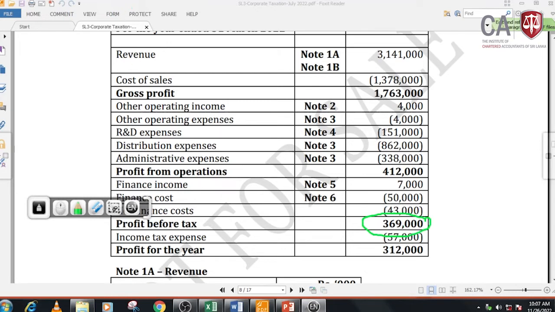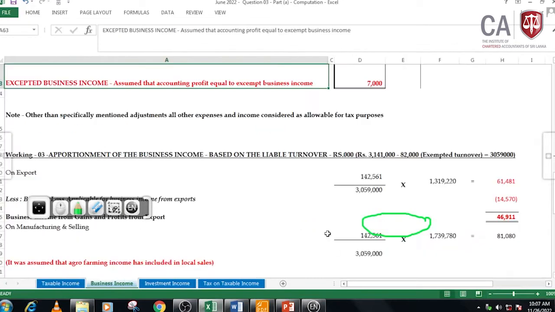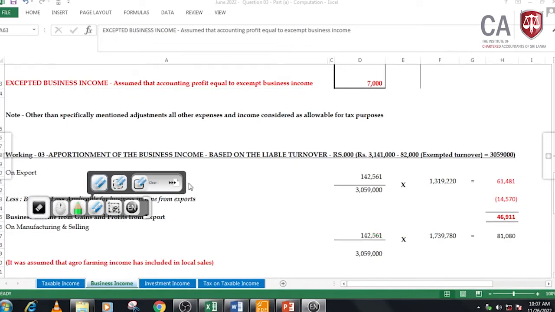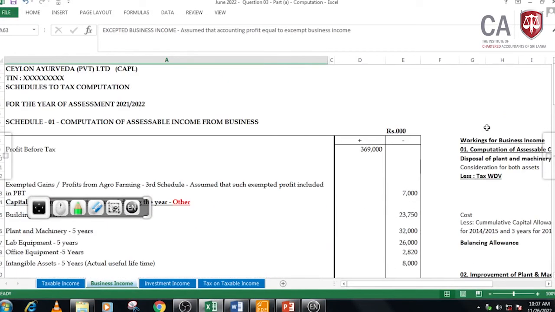Now thereby, let me come to the answer. While reading the question, I am coming to the answer. Okay, this is the question. Let me start from the business income calculation. Okay, let me erase these things. Okay, now here we go. Then the business income calculation.